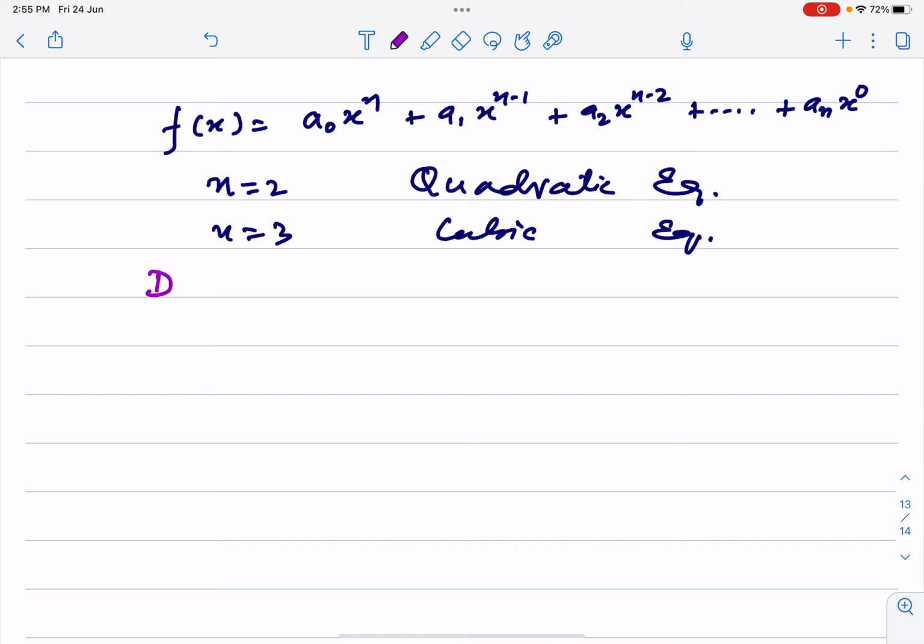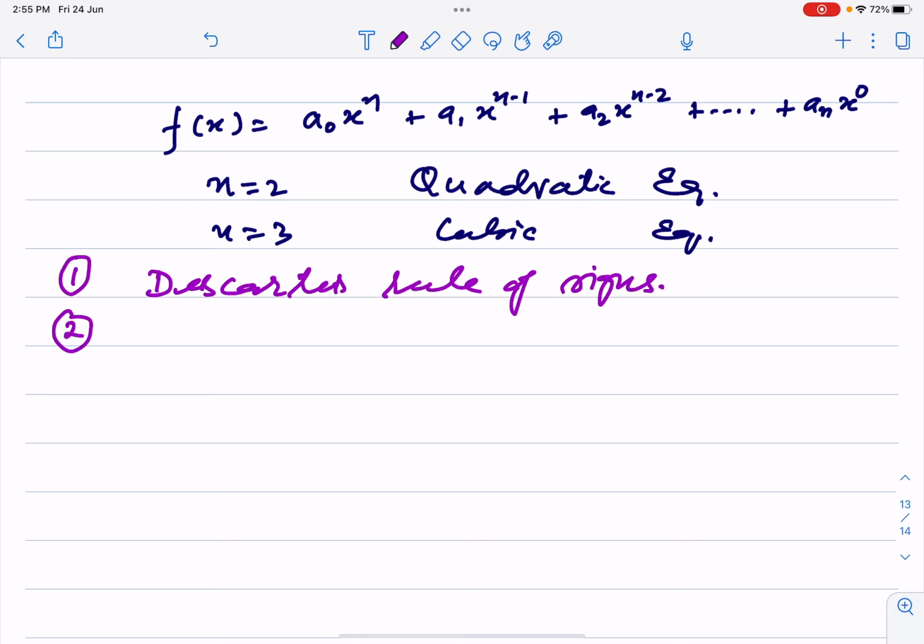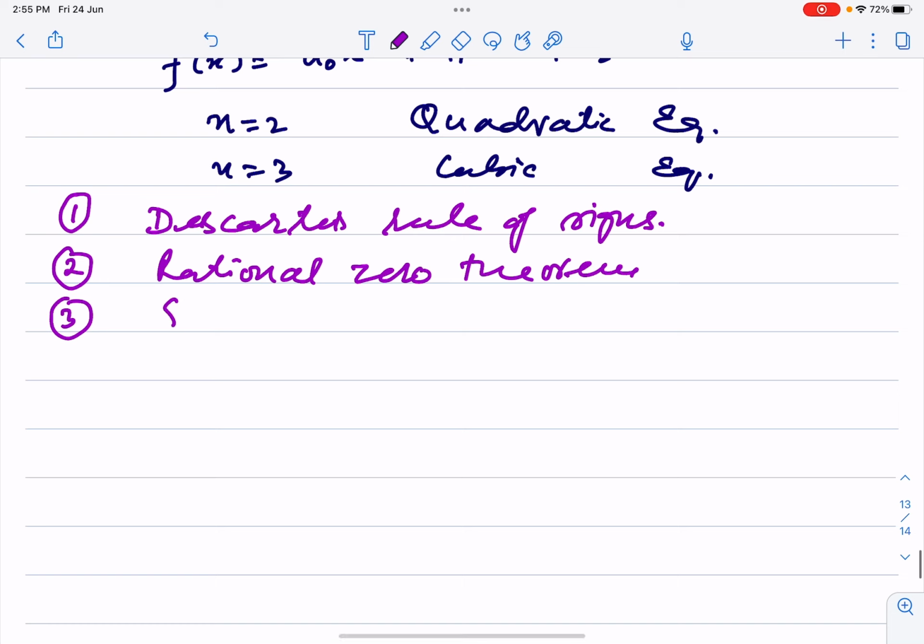One is called Descartes rule of signs. This is one which we will be studying. Second is called the rational zero theorem. And third, which we will be using, is synthetic division.